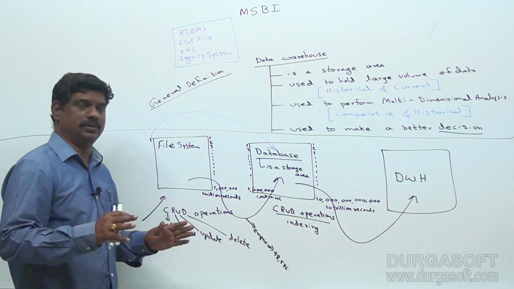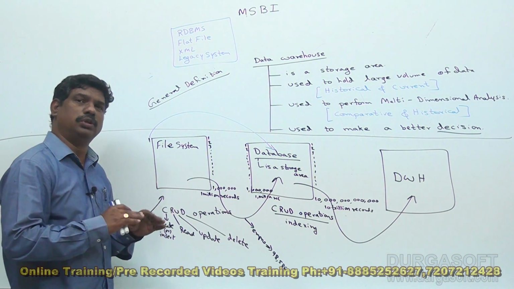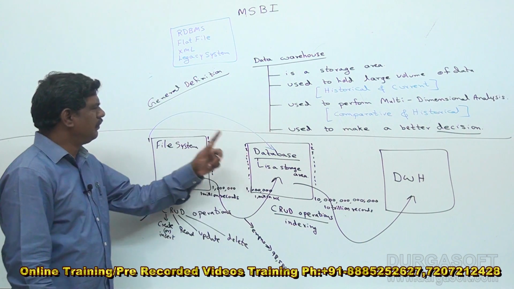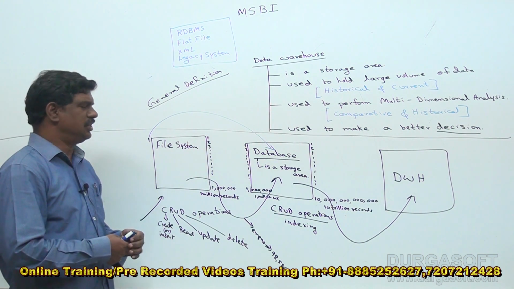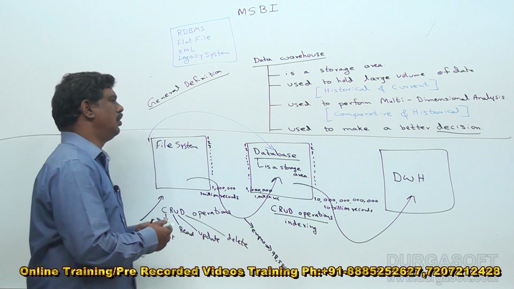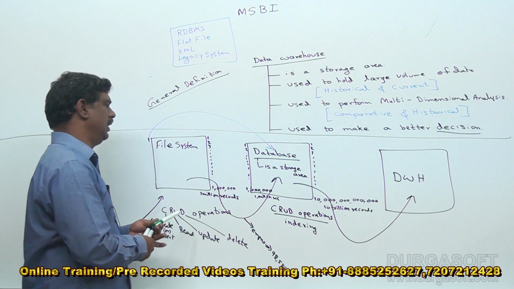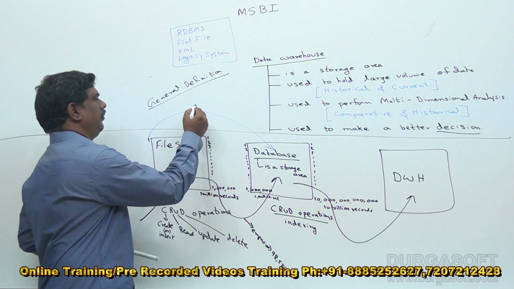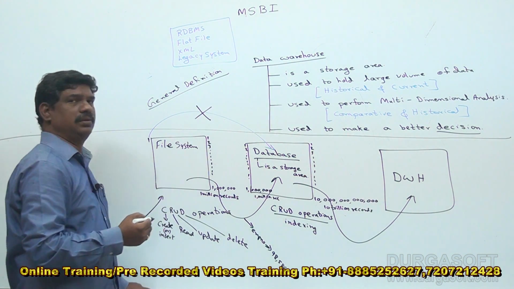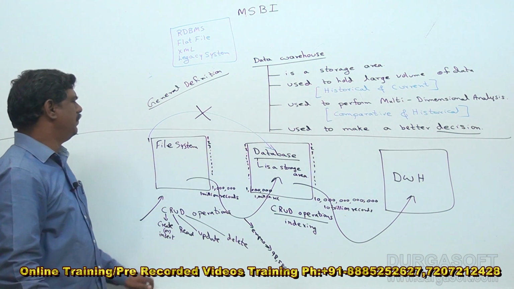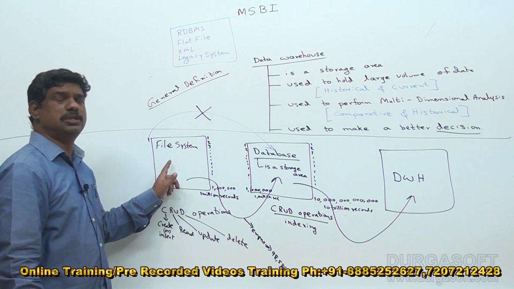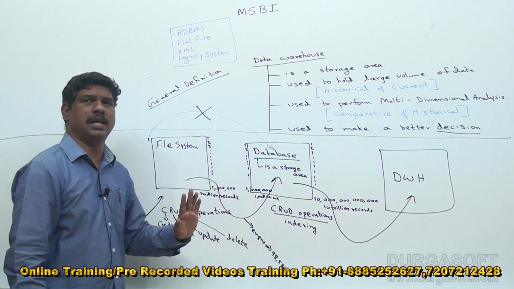Is it required to switch to a database? Strictly speaking, it is not at all advisable. Why? If it is only one record, the file system is faster when compared to a database.